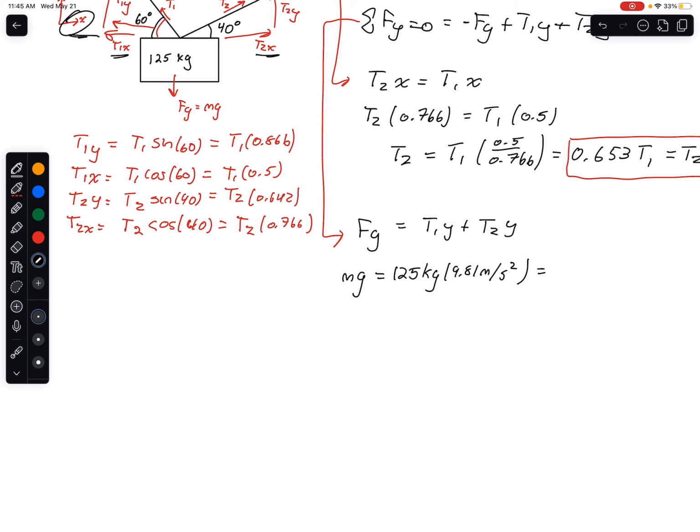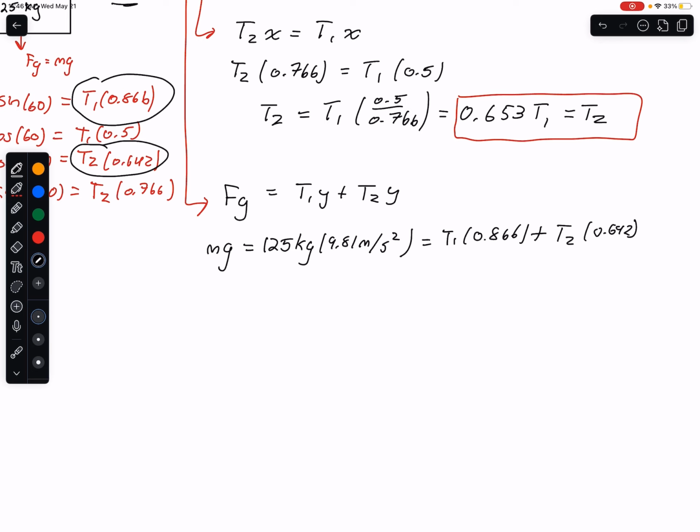And like we just discussed before, our t1y is equal to t1 times 0.866, and t2y is equal to t2 times 0.642. All right, I'm going to multiply 125 kilograms times 9.81 meters per second squared, and that gives us 1,226.25 newtons is equal to our right side of the equation.